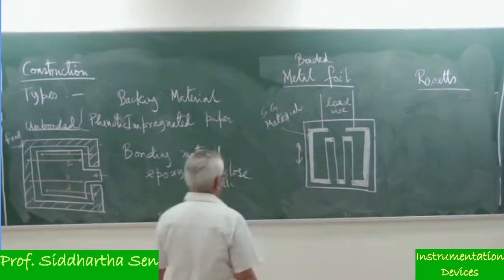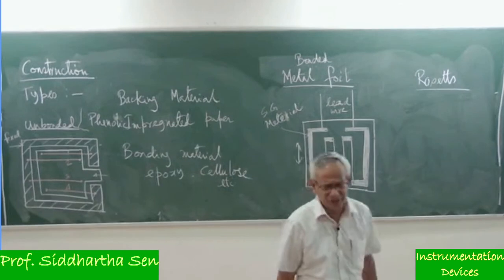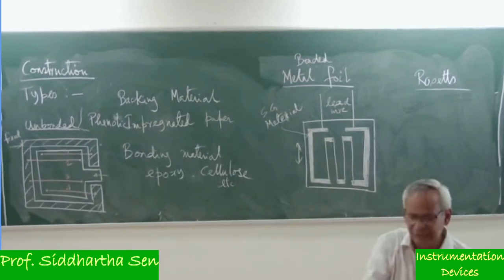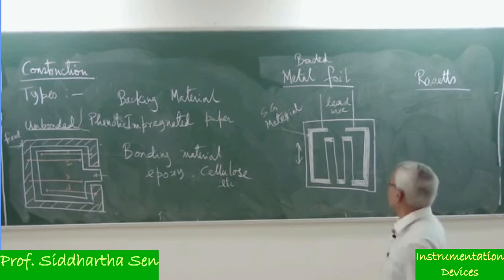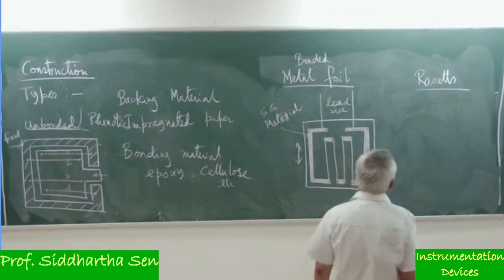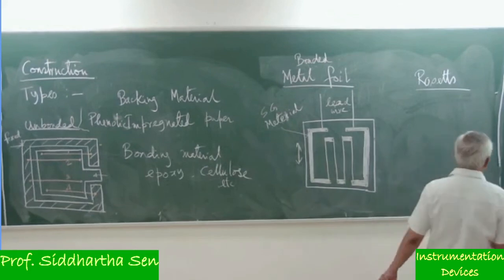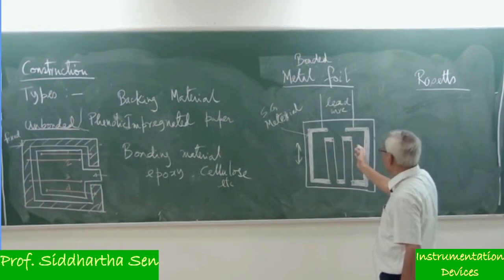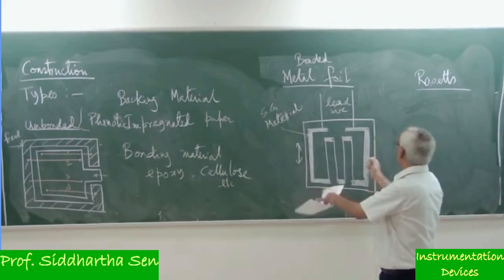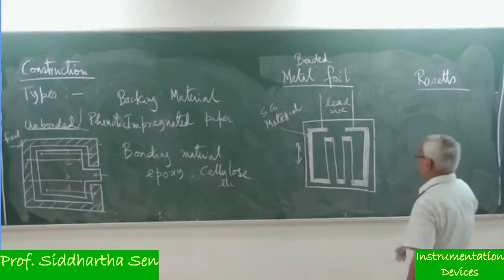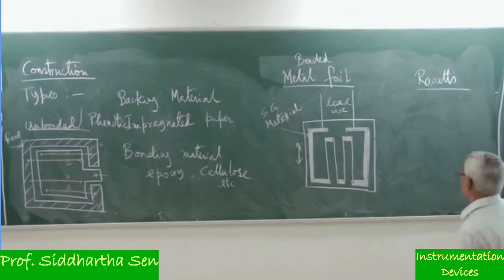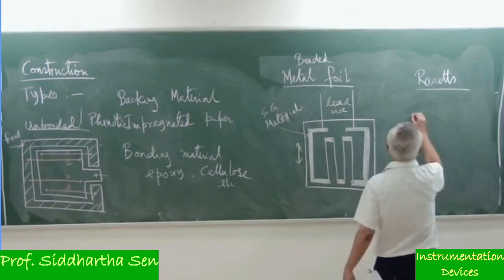But often we want to measure simultaneously strain at a point in different directions. In that case, we use strain gauge rosettes. It's nothing but we put an identical structure over it, but rotated by 90 degrees. Then it will have another one which can measure strain in the 90-degree direction.